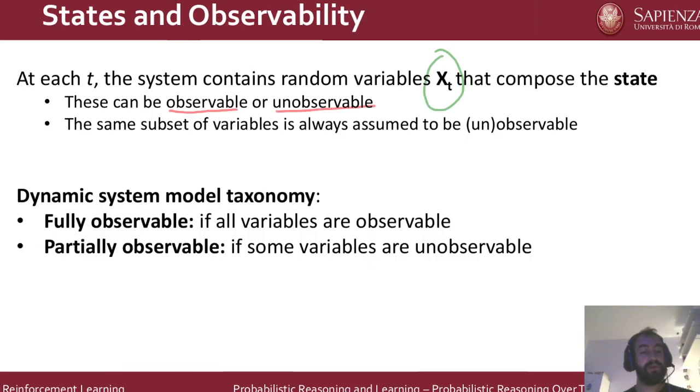This is not always true in general dynamic systems, where you can have unobservable parts of the state, and there is no way generally where something which is observable becomes unobservable, and vice versa. So typically you have systems that are fully observable, where all the variables are observable, and partially observable systems where some fixed variables are unobservable.